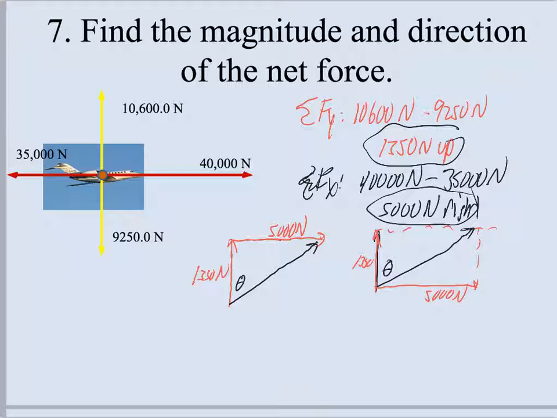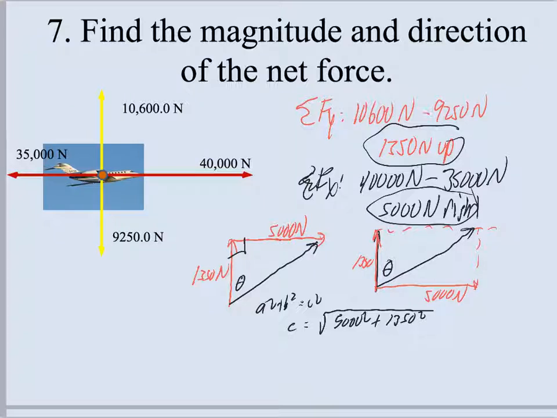So again, what we're doing here is just a little Pythagorean theorem, because this is a right triangle. So a squared plus b squared equals c squared, and c would be the square root of a squared plus b squared. Doesn't matter which one I call a. I'm just going to pick 5,000 for a, and 1350 for my b.